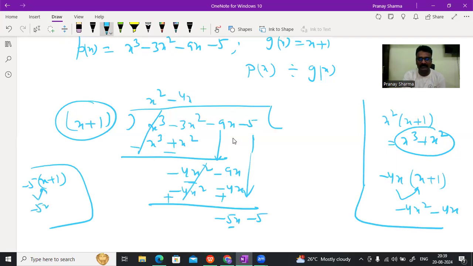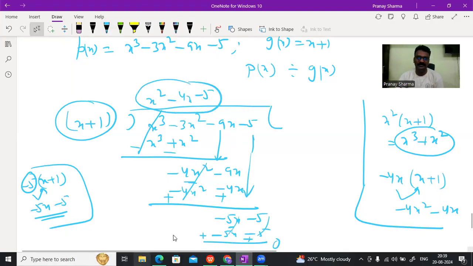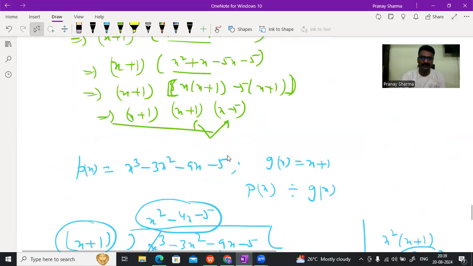So this will become minus 5x minus 5. The last term will go on auto adjustment, I told you. So that means minus 5 is something that you should be putting here. So it will be minus 5x minus 5. Change of sign, plus, plus, this and this will go away and the remainder will be 0. This is something that you got. And that is the exact thing that we have considered here.